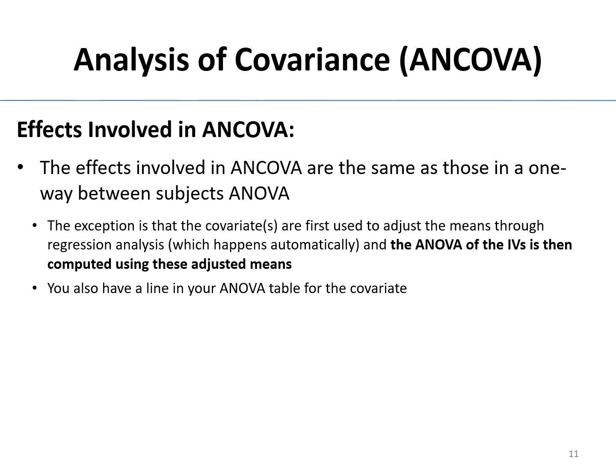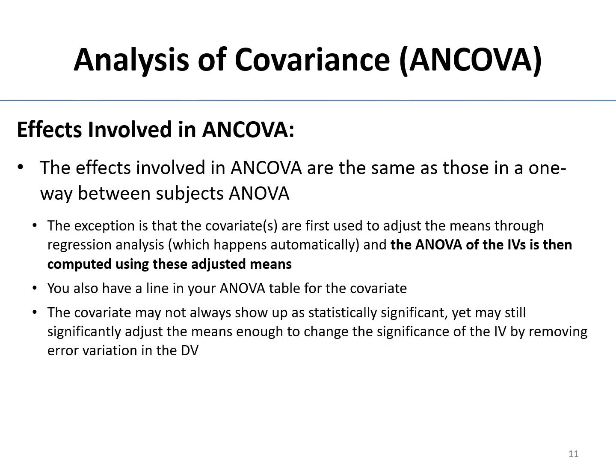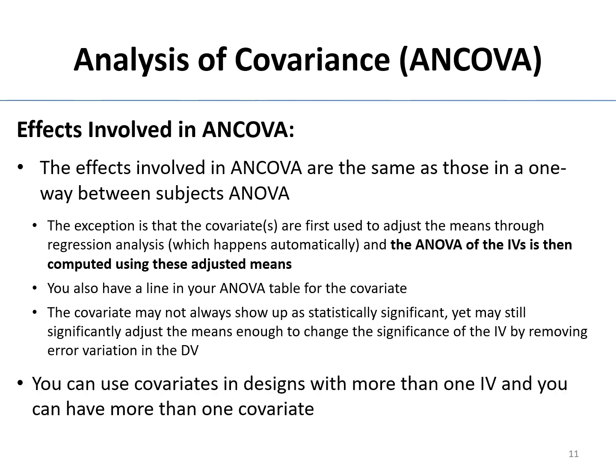So you get a linear table for each covariate. Now, for covariates, you will get a sig value that you can use to determine if it's statistically significant. Even if the covariate's not statistically significant, the means could still be adjusted somewhat, or it could reduce the error variance. So including covariates can still have a positive effect, even if they're not potential confounders.